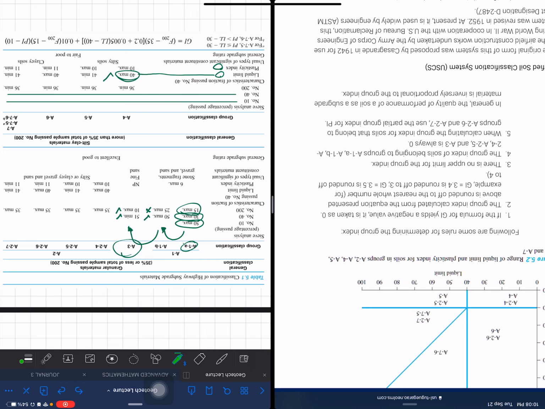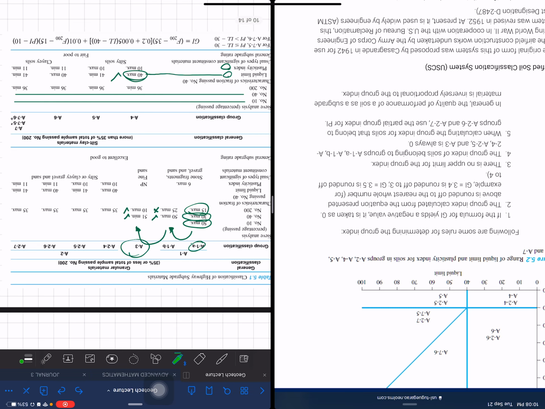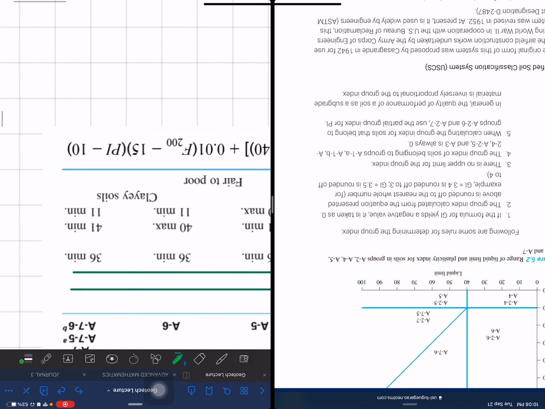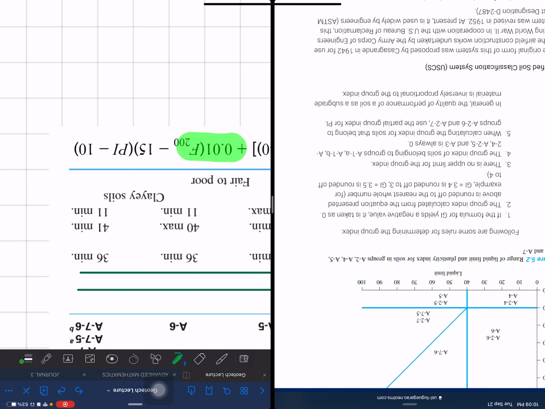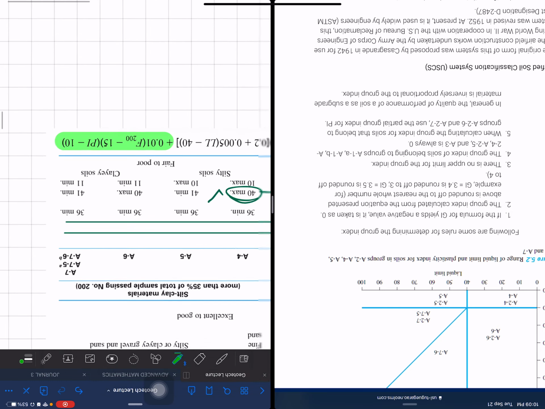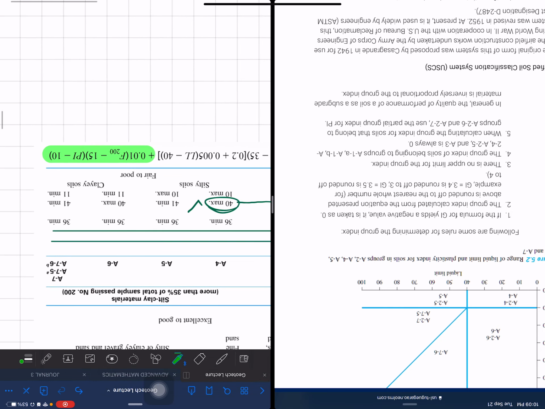Now, sabi din dito, when calculating for the group index of A26 and A27, ang gagamitin mo daw na formula is the partial group index for PI. Ano ba itong partial group index for PI na to? Ito yun, guys. The partial group index for PI is actually the second term of the group index formula. Okay, that is the partial group index for PI.